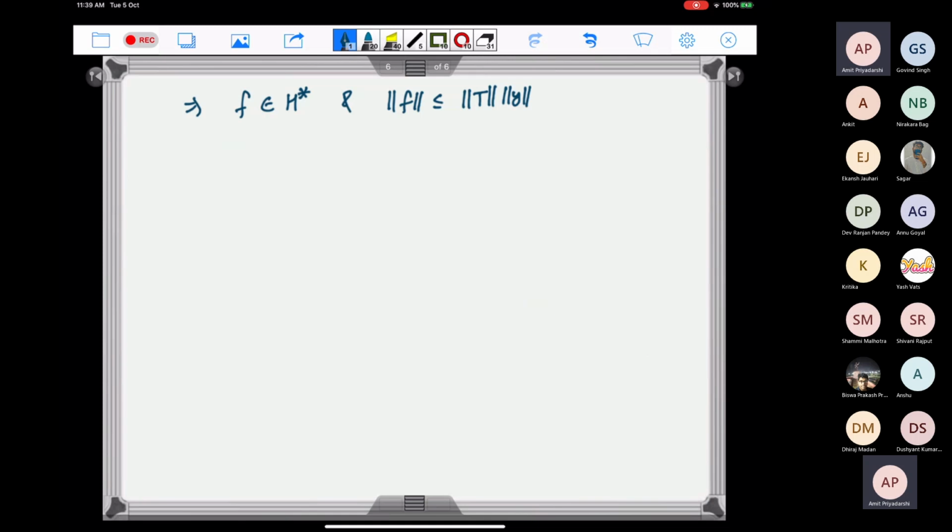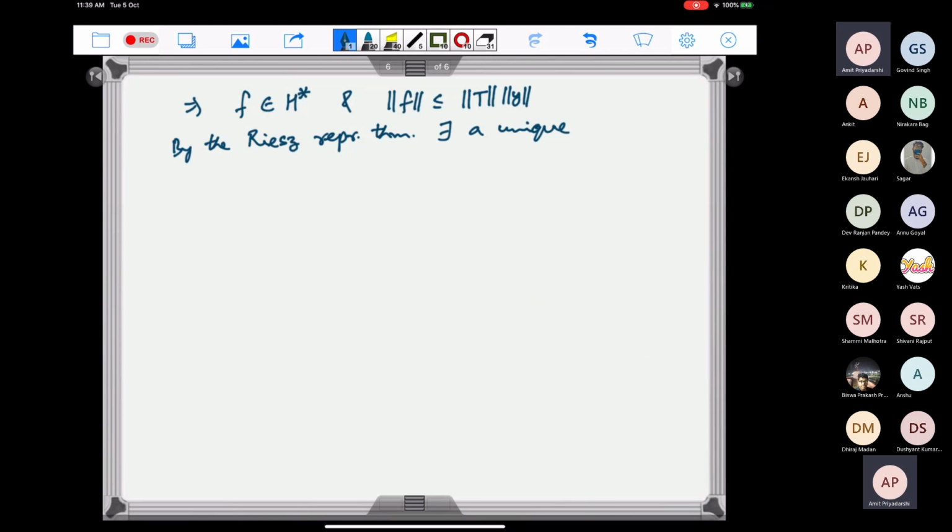So here we have y, so by the Riesz representation theorem, there exists a unique vector in H such that this f is equal to f sub that vector.